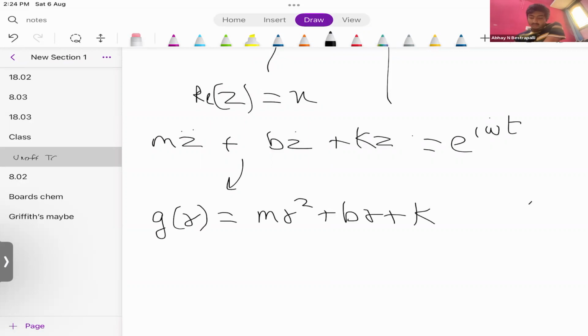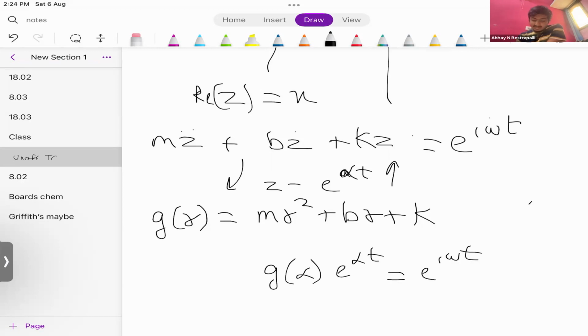That's exactly what we get if we substitute something like e to the alpha t into this equation. You differentiate twice and once, and you get g of alpha times e to the alpha t equals e to the i omega t, if we guess z equals e to the alpha t as the solution.